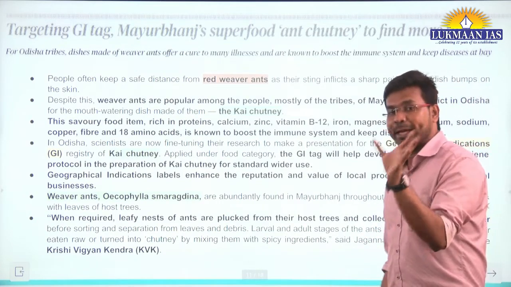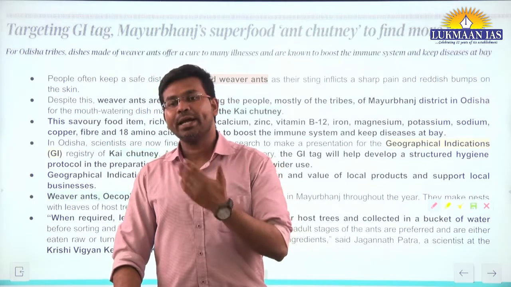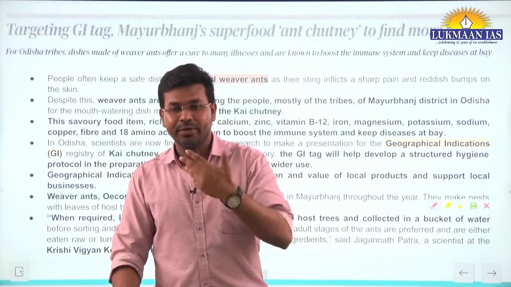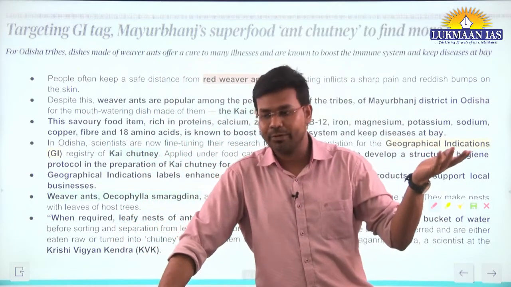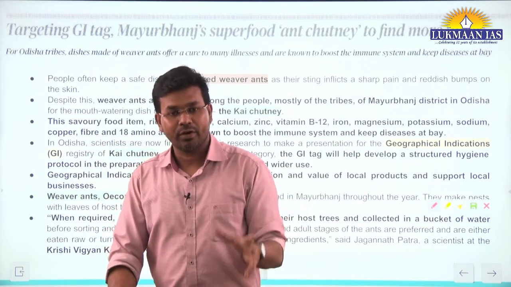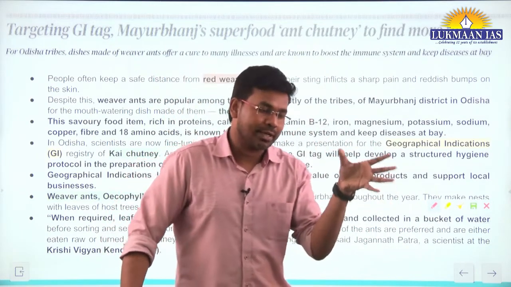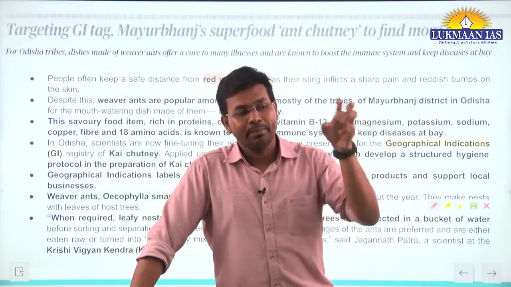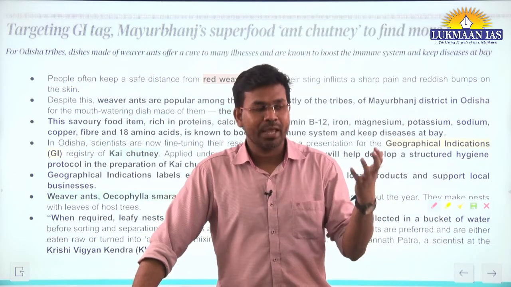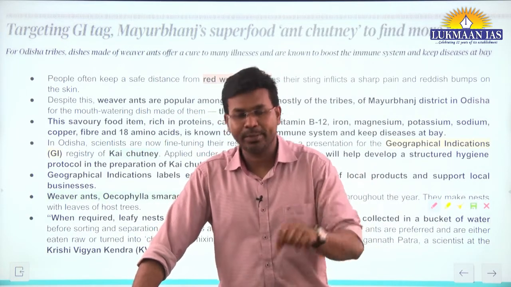So what is the benefit or importance of having a GI tag? For example, you might have heard about Kashmiri wool, specific varieties of saris being manufactured somewhere. Some goods are associated with specific regions. Why? Because those regions have specific environmental conditions, and laborers, people who are working in developing those things.